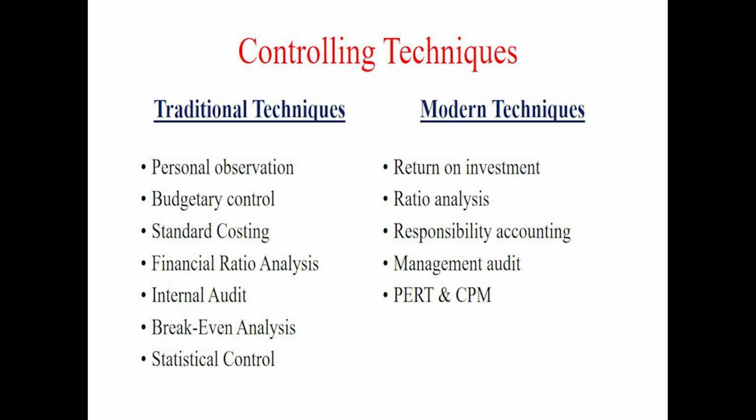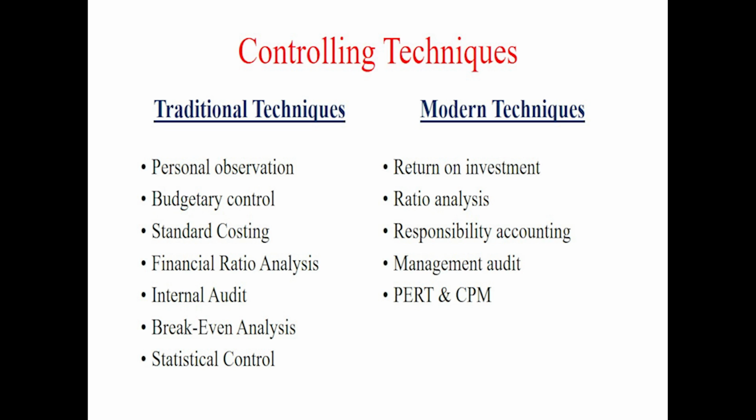Traditional techniques include personal observation, budgetary control, standard costing, financial ratio analysis, internal audit, break-even analysis and statistical control. These are traditional but still being used by organizations to deal with specific deviations.